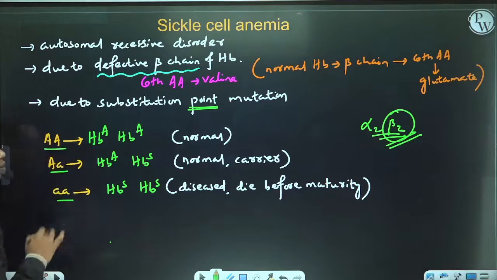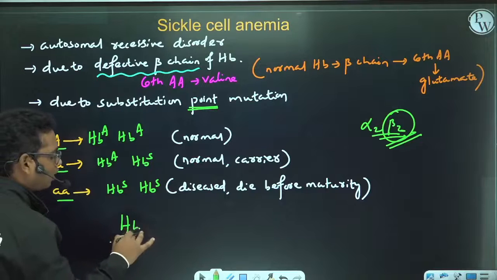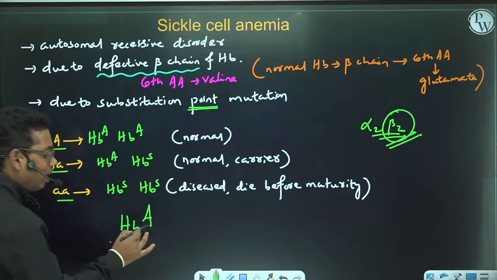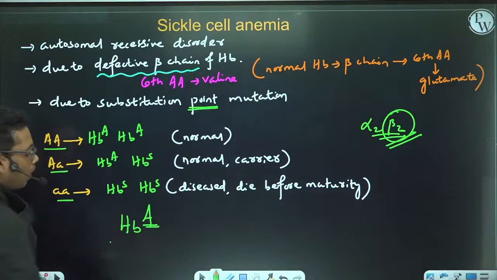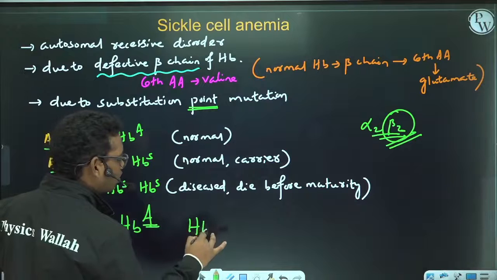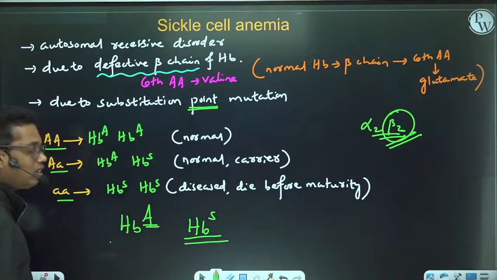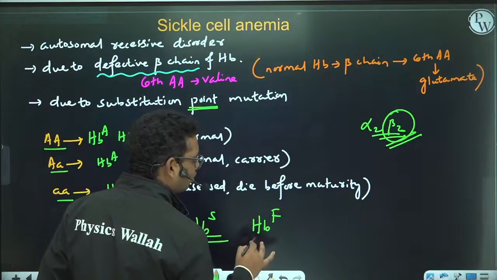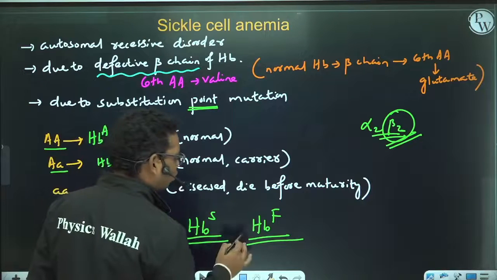Capital A is responsible for producing normal hemoglobin, and this normal hemoglobin in case of adult is written as HbA. This A is adult hemoglobin, normal adult hemoglobin. Okay, and if the hemoglobin produced is sickle cell hemoglobin, that is written as HbS. And the hemoglobin found in the fetus is written as HbF. We do not have to consider this one.